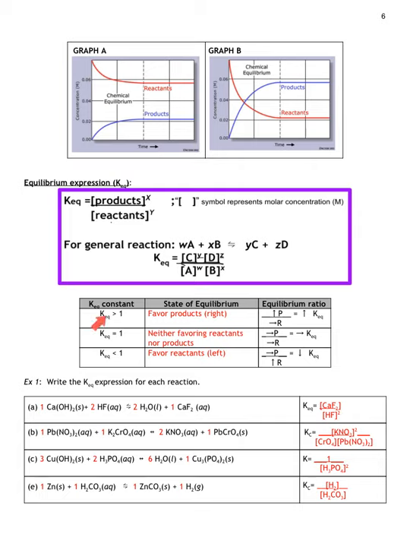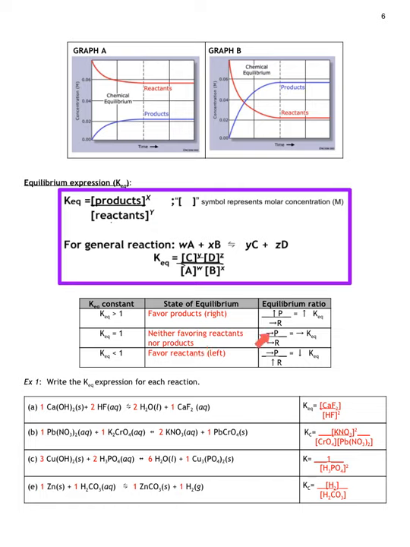For instance, if K is greater than 1, that means at equilibrium there's more products than reactants. That's why a ratio can be greater than 1. That's why it's high, KEQ greater than 1. Now, if it's equal to 1, that means neither reactants nor products are favored.